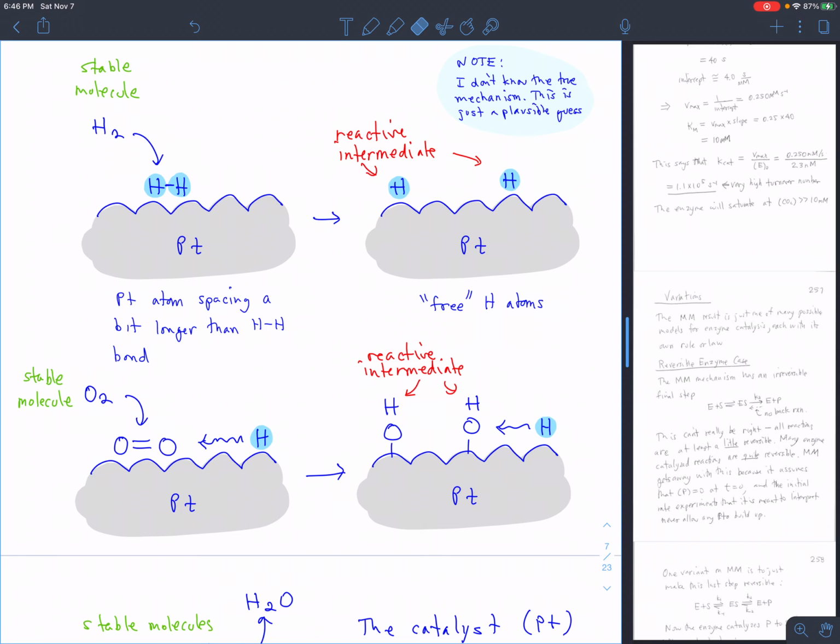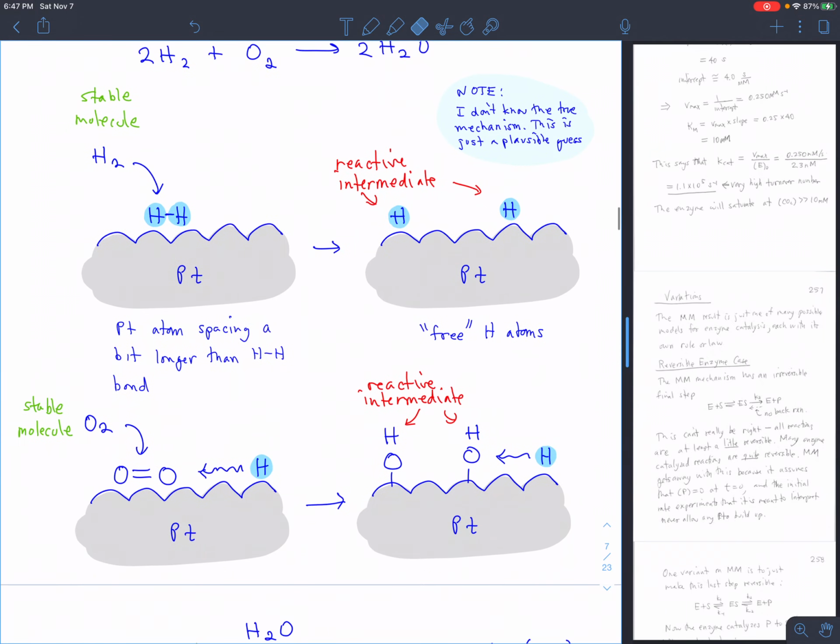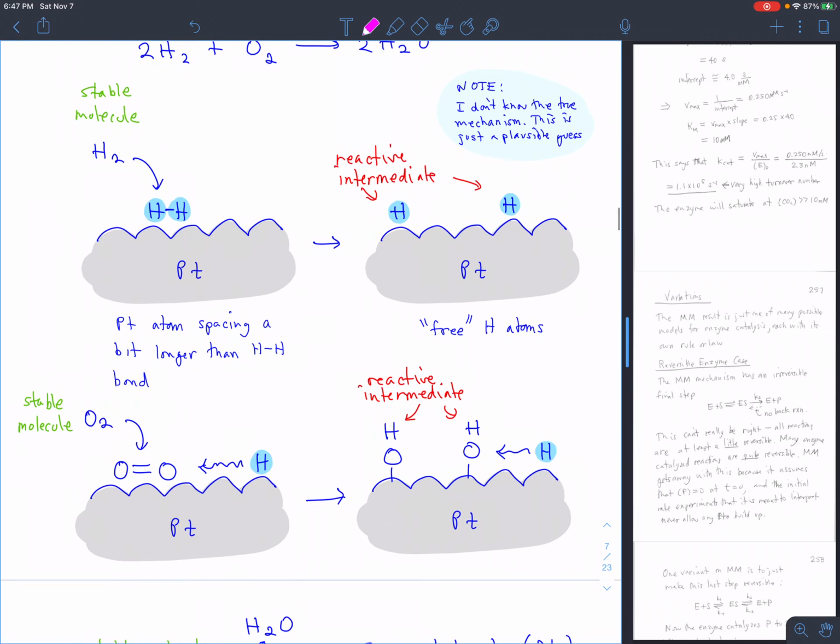So when you say that something binds to the transition state and therefore stabilizes the transition state and lowers the kinetic barrier, sometimes that actually occurs in ways that aren't instantly apparent at first, and this is an example of that. The fact that the platinum stabilizes these hydrogen atoms and also stabilizes these OH radicals later is a form of binding to something like a transition state and lowering the activation barrier.